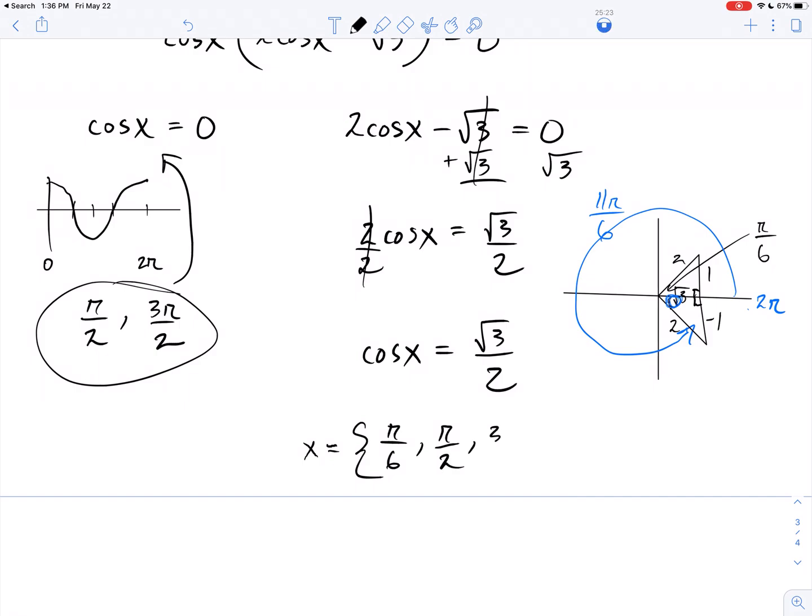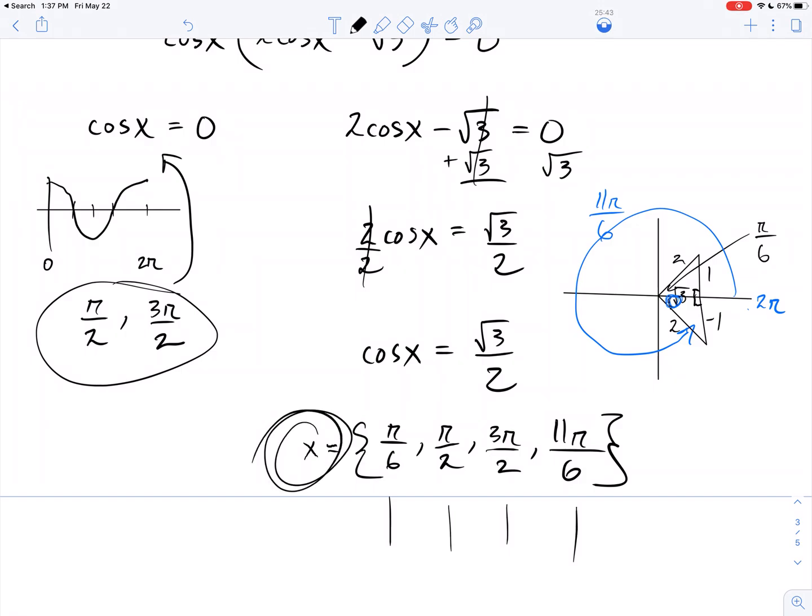So you will notice that even though one part of the problem gave you these answers, the other part of the problem gave you these answers, they always put them in order from tiniest to largest. So that would be your solutions for the equation for x over the interval from 0 to 2 pi. My pen quit for a second there.